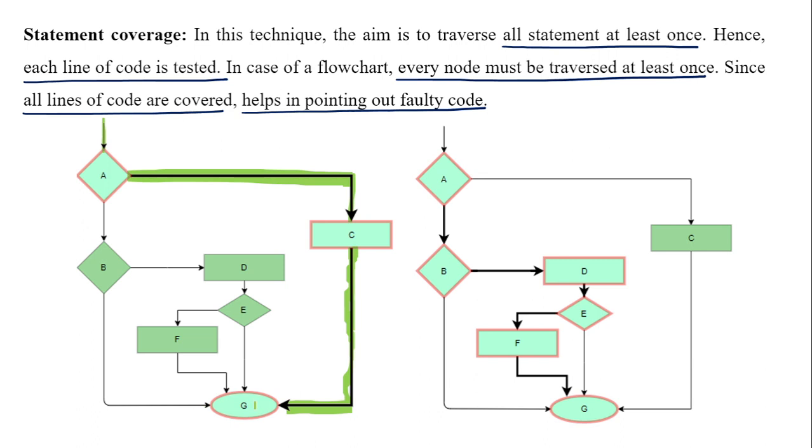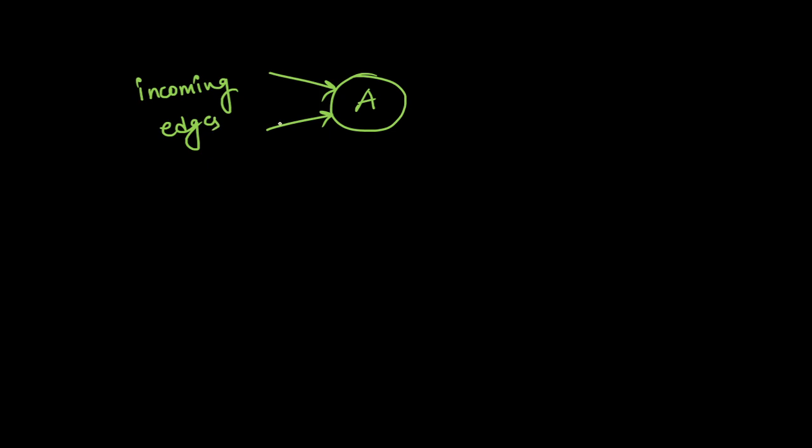Because all the edges are incoming. I hope you all know that if this is your node, then these are your incoming edges. Incoming edges you also call in-degree, and these are your outgoing edges.